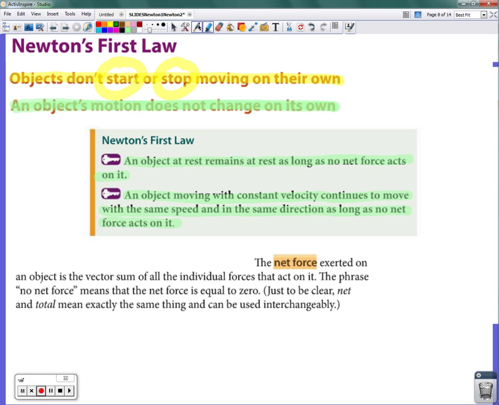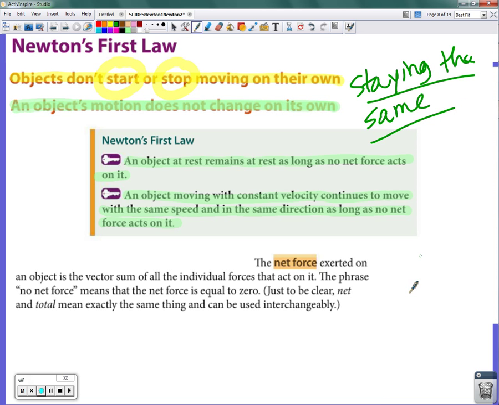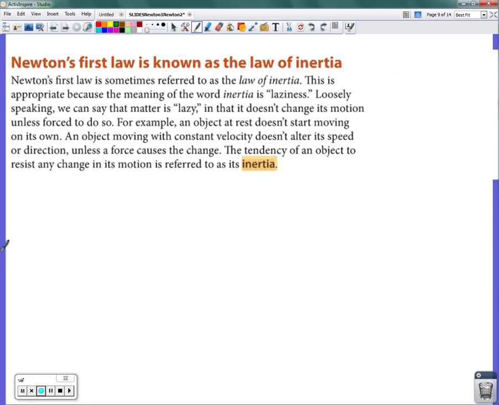Newton's first law deals with things staying the same or not changing. It's not that there is a natural state of something at rest. The natural state of something is to stay the same, to do whatever it is currently doing. We refer to this idea as inertia.